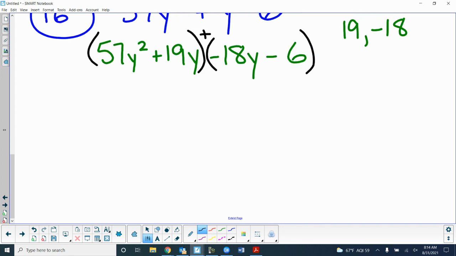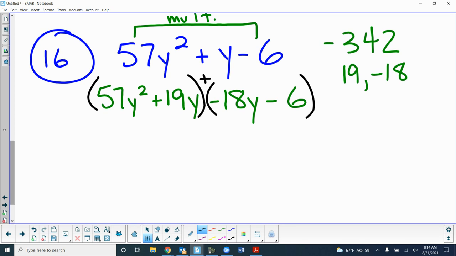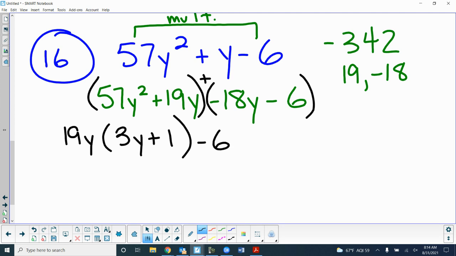What's the GCF of the first group? Does 19 go into 57? I think it does, 3 times. And y. So we got 3y plus 1. And then what do I pull out of here? Negative 6, because there's a negative in front of that 18.